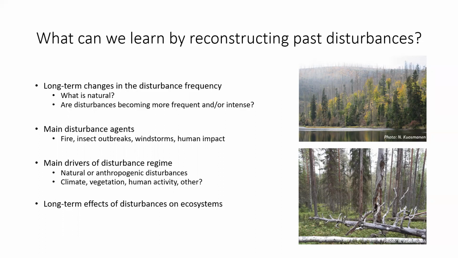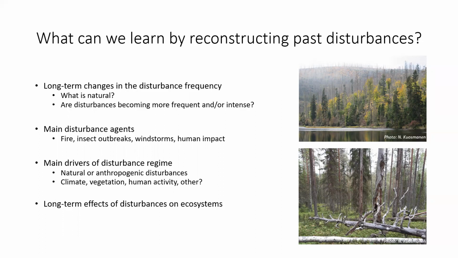Also, by combining different paleoecological proxies, for example, information from changes in climate, for example during the Holocene, or the human activity, we can try to look at what have been the drivers behind the disturbance regimes.